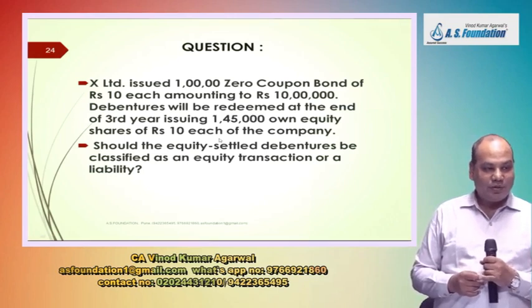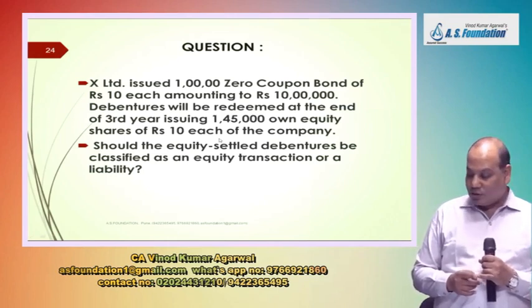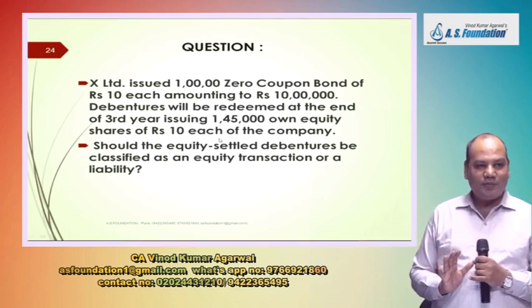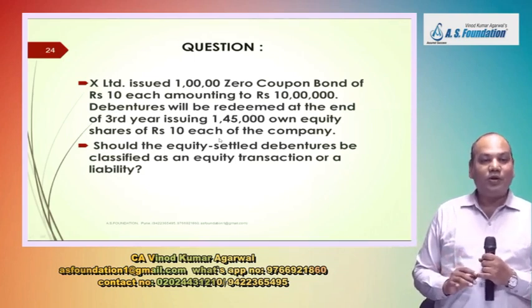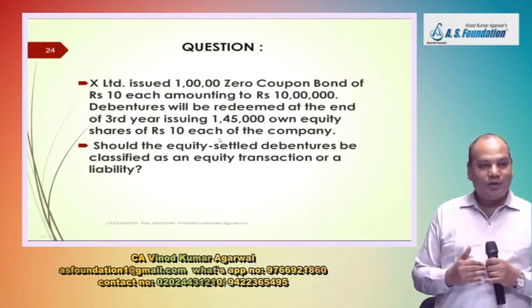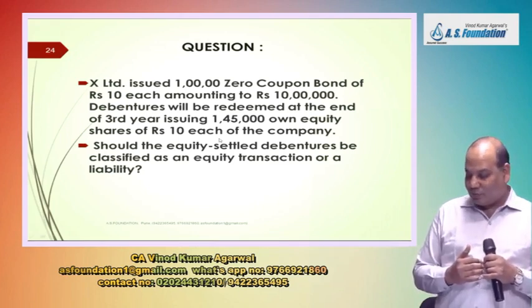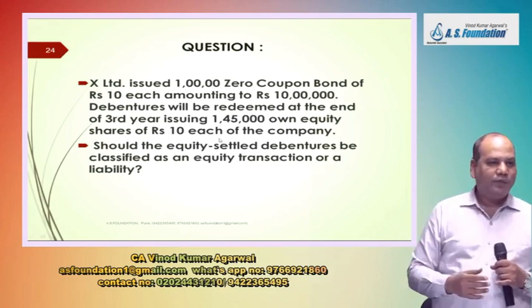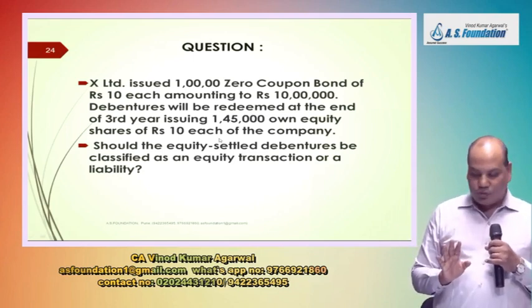The question is not same. It is now saying they are going to issue 1,45,000 own equity share of rupees 10 each. So number of equity share to be issued is fixed. Cash received is also fixed. 10 lakh you have received and 1,45,000 shares you are going to issue.